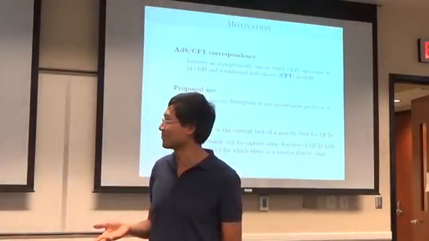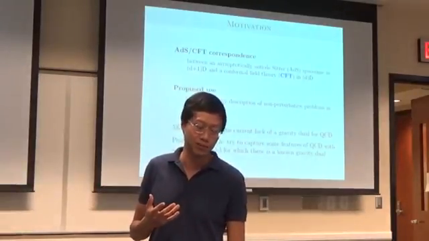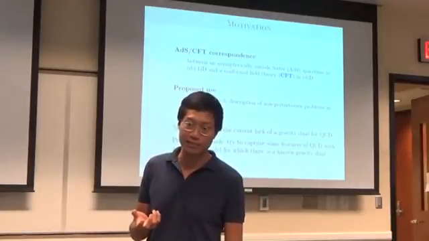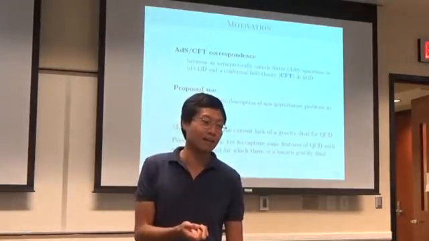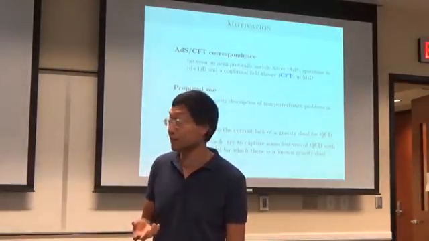But nevertheless, I think today it's useful to just take the practical point of view that even though we don't have a gravitational dual for QCD, we could still try to model these real-world systems using a conformal field theory toy model.